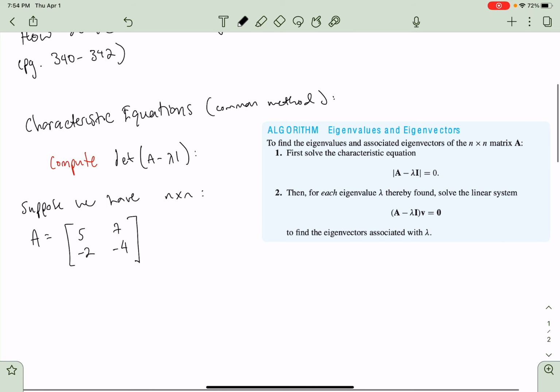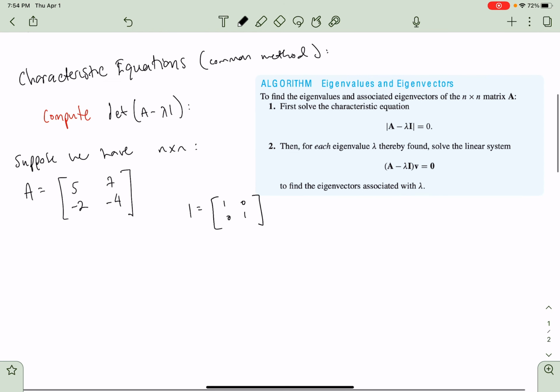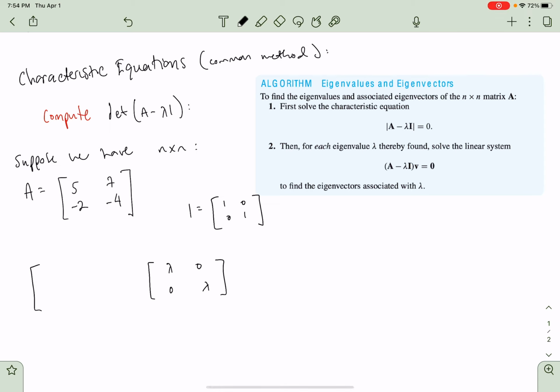So for a 2 by 2 matrix, the identity matrix is going to be equal to 1s across the diagonal. In such case, we're going to get lambda times that, so we get lambda, 0, 0, lambda. And now we're going to do this with the matrix 5, 7, -2, -4.